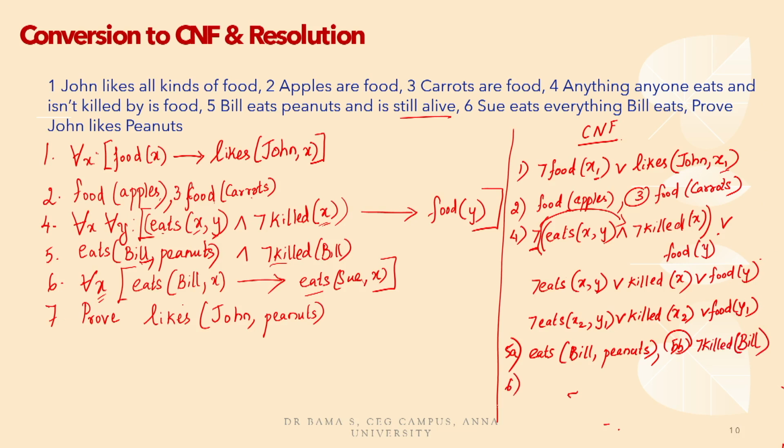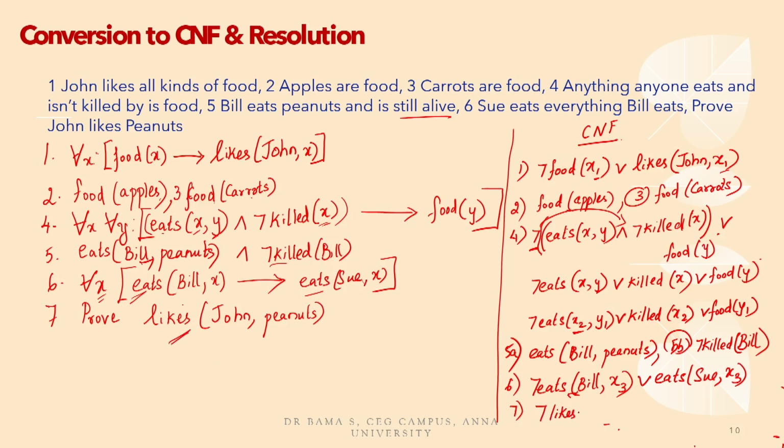Sixth, this clause would be not eats Bill. Since I have used x 2 here, I will take x 3 for the sixth one, or eats Sue x 3.